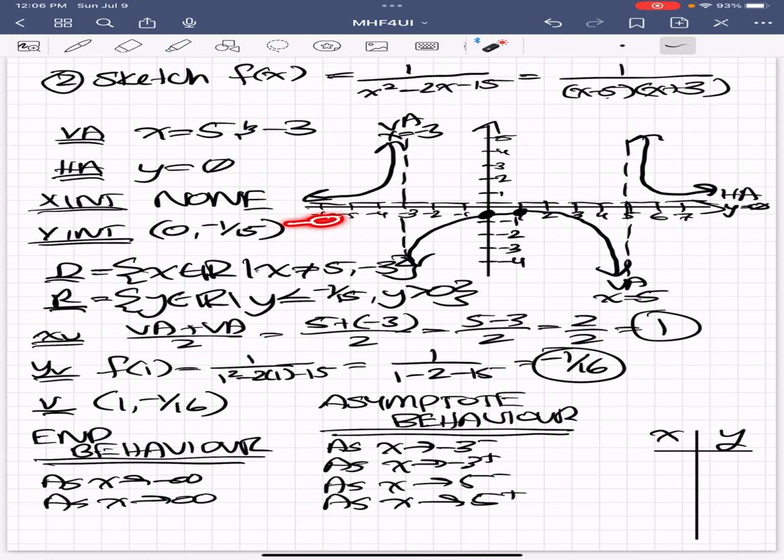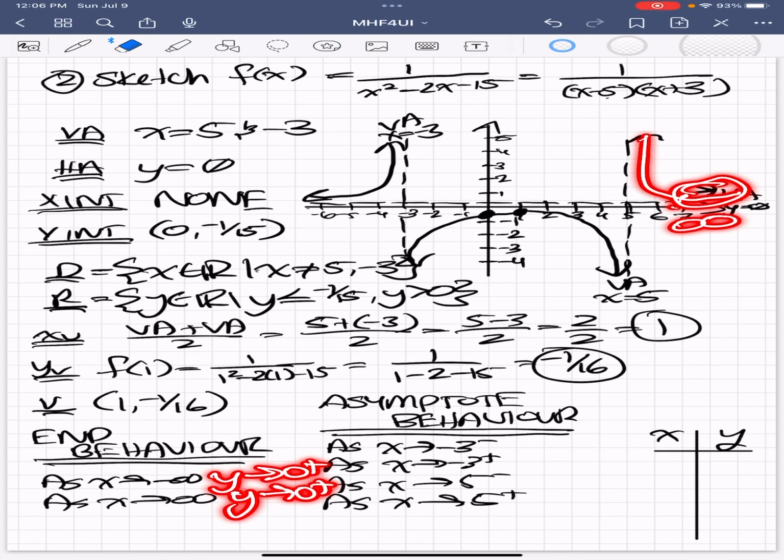So as x approaches negative infinity, I see y approaching 0 from above, which means it's going to be 0 with a positive sign. So y approaches 0 with a positive sign. And as it approaches infinity, I also see it approaching 0 from above the HA or above the x-axis.